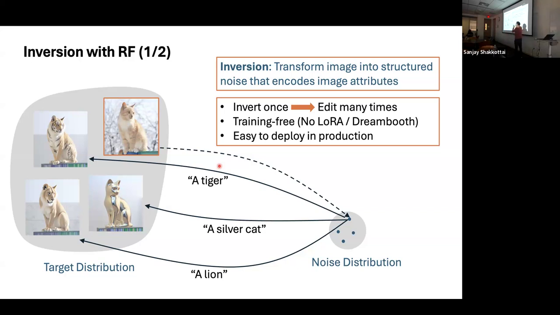And then in the flow model, you do different text conditioning, which will change the path somewhat, and that may end up at a tiger. This is the hope. I haven't told you how to do this. So you do an inversion to go back to noise, and then you do a text conditioning and go forward back to your image. Then this pipeline, if it works, has no optimization. I run one flow backwards, I run one flow forward. If I just do this with RF, it is not going to work. We'll see what you need to do in a second.